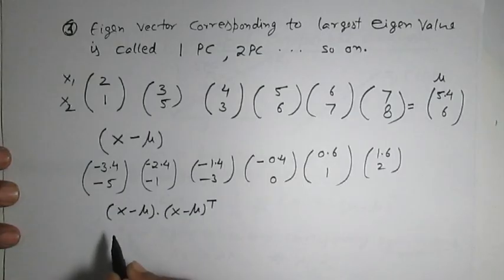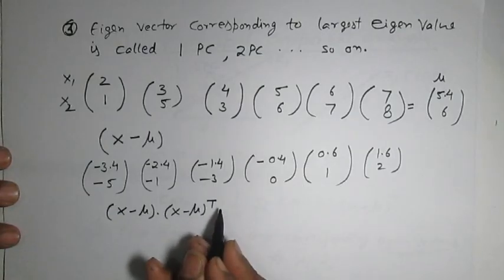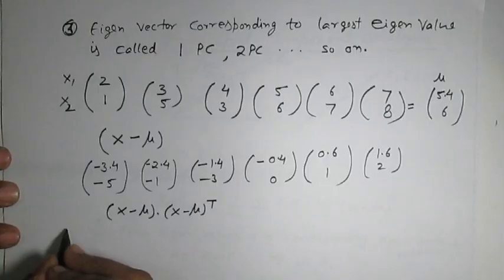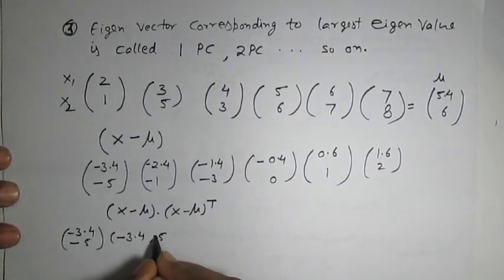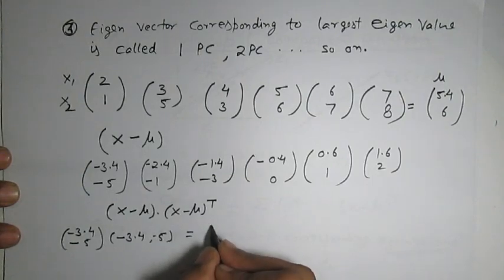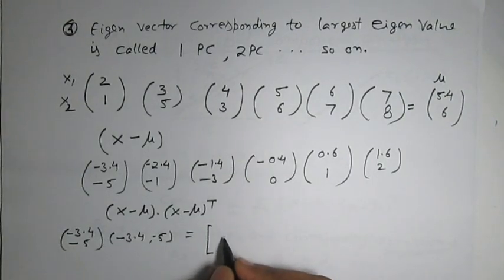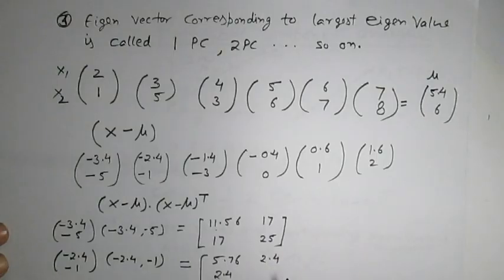Now calculating X minus mu times X minus mu transpose. Minus 3.4, minus 5, its transpose is minus 3.4, minus 5, and this is equal to, I have already calculated, 2.41.